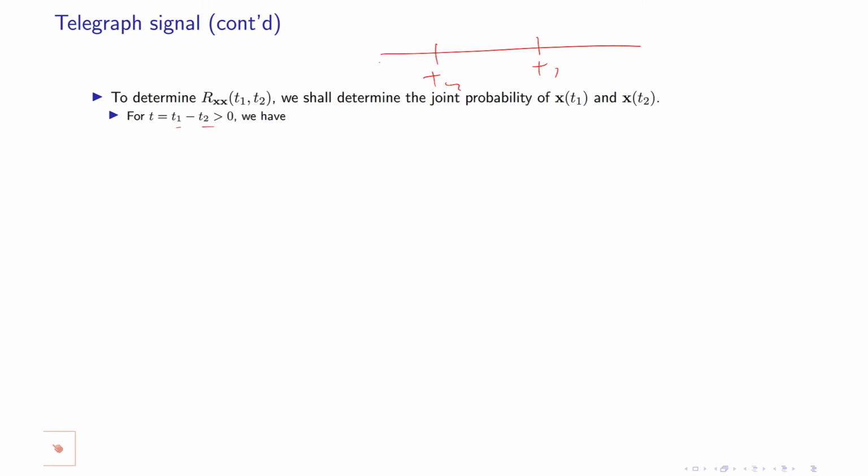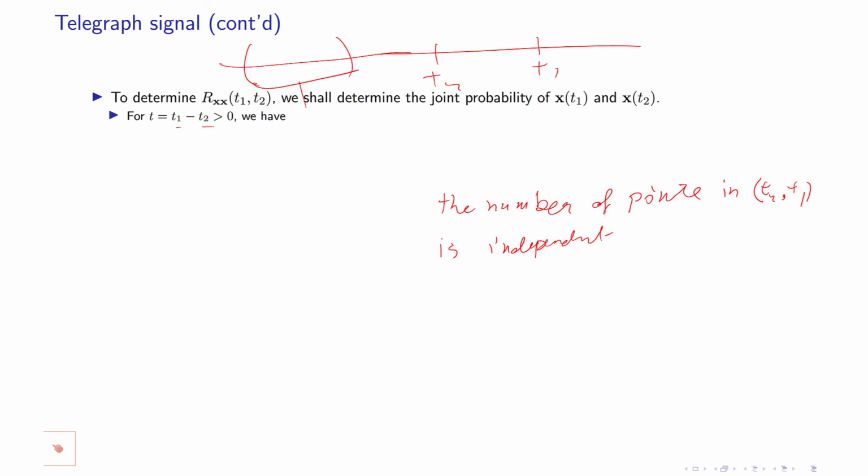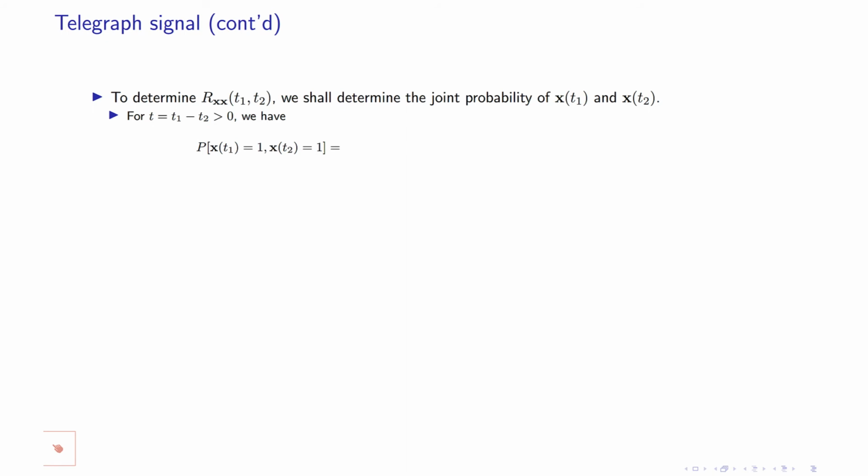Okay, so I write here the number of points in, let's say, the time interval t2 to t1 is independent of any other interval. So if you have another interval here, the number of points here and the number of points here are independent. So we want to use this in order to calculate this probability.